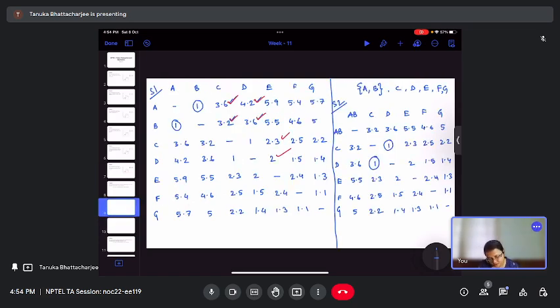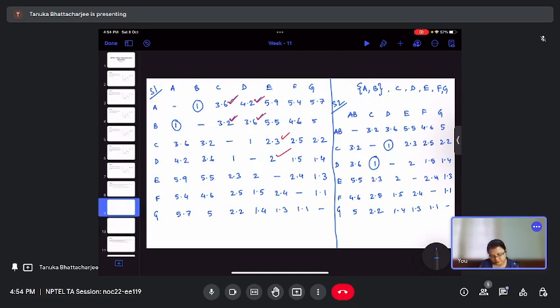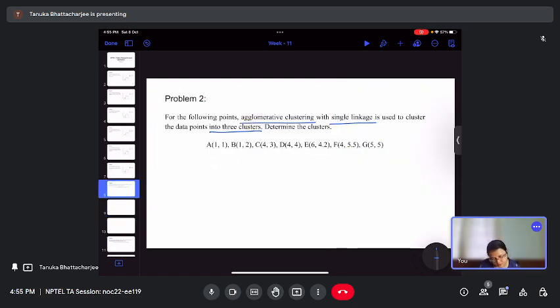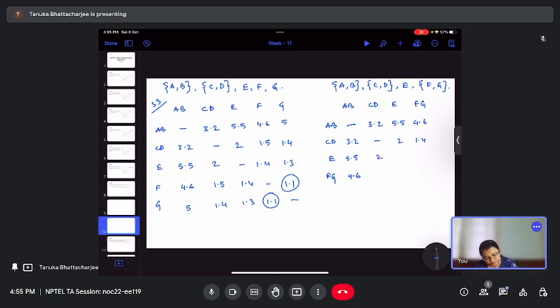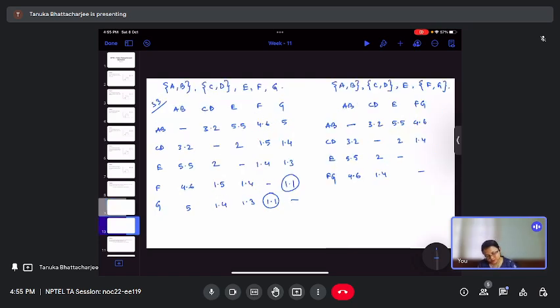CD and FG is 1.4. And E and FG, it will be 1.3.